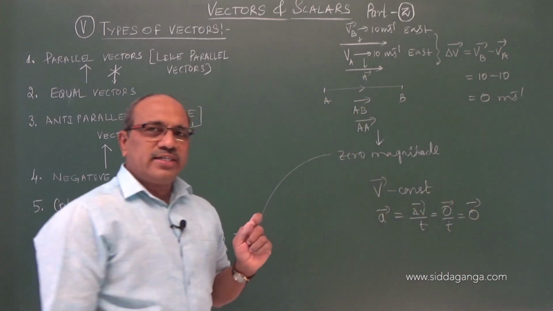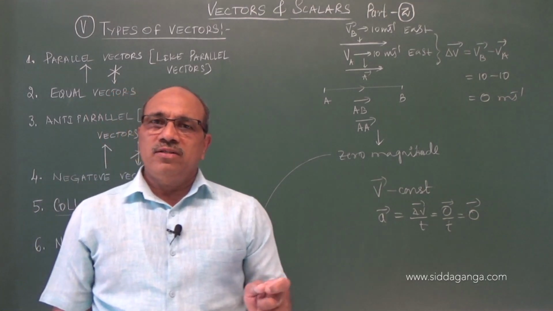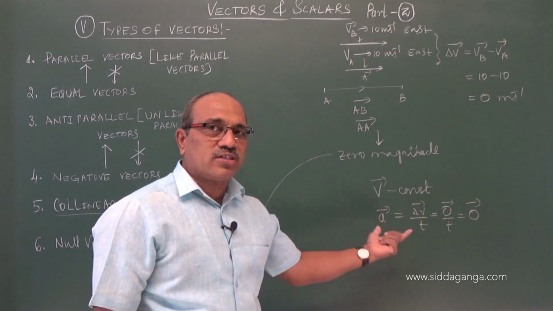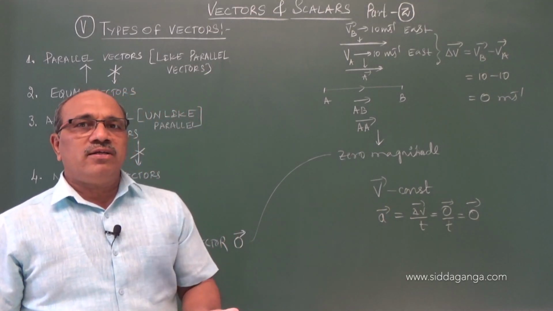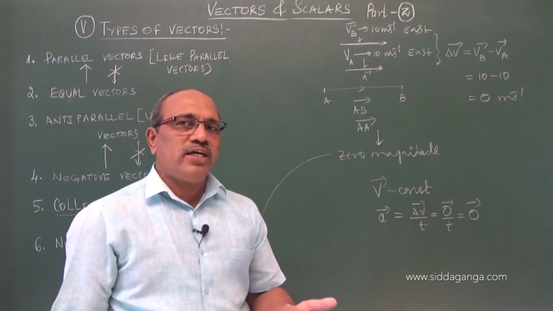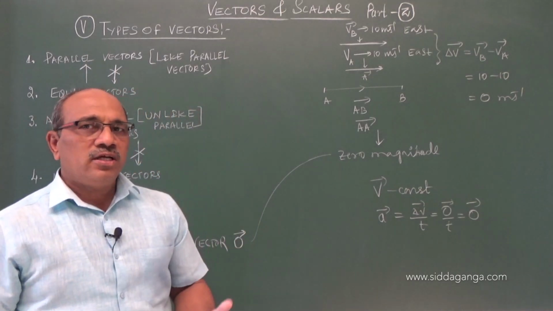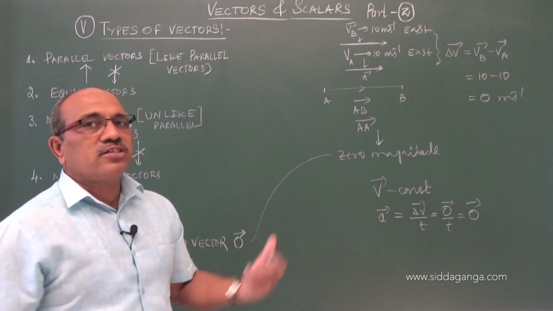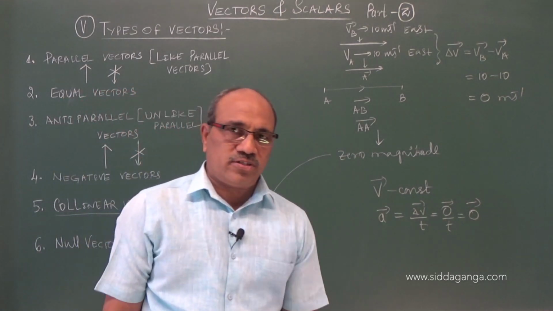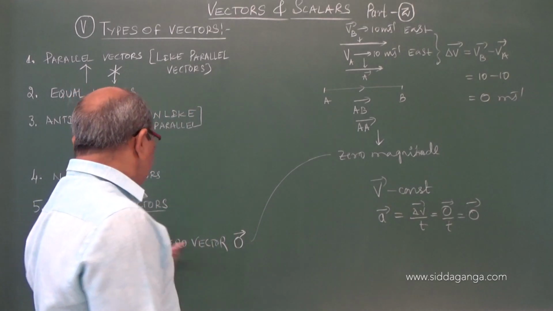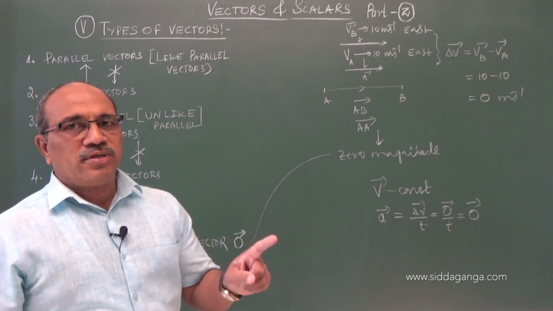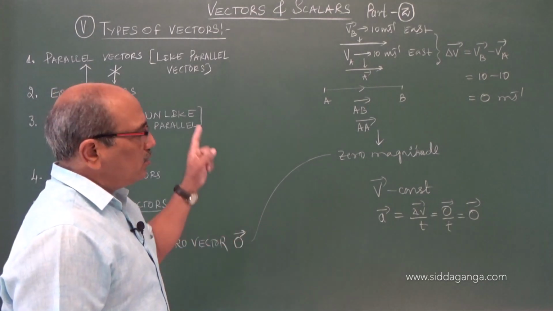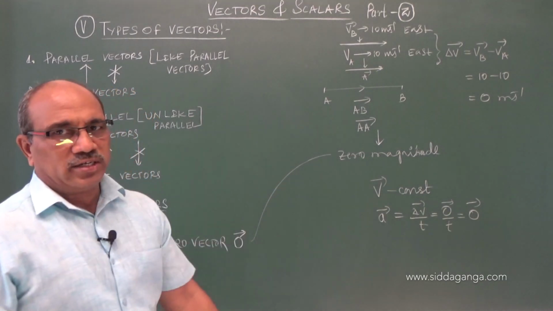Therefore, the 0 vector is quite necessary in vector algebra, because to represent some quantities, to understand, we need the null vector. Even though it has 0 magnitude, arbitrary direction, its representation is a must. You will know its importance in physics when you enter into chapters. I think you have followed what the null vector or 0 vector means. Remember, a vector with 0 magnitude and arbitrary direction is called a null vector or a 0 vector.